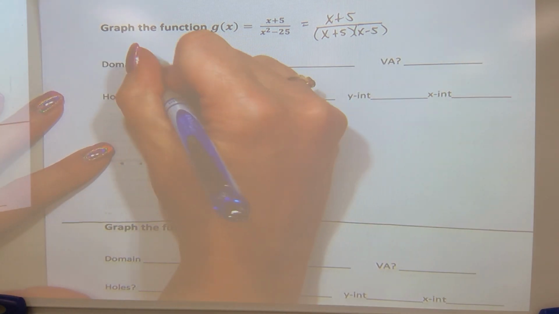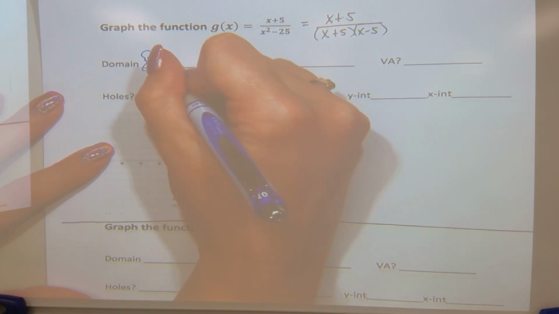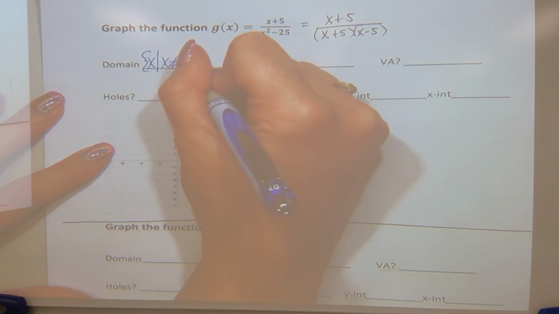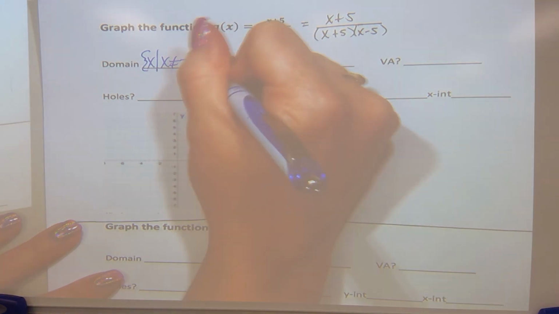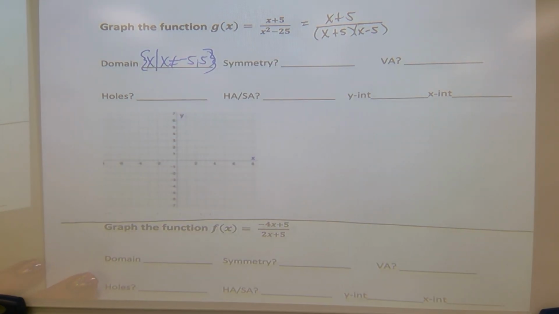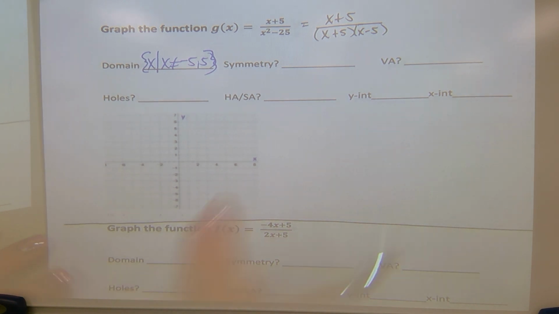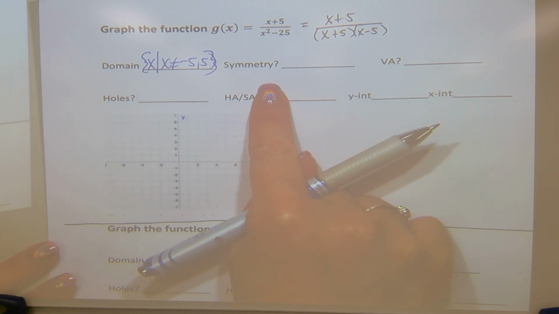So my domain is all values x, except -5 and +5. Those are the values I need to kick out of my domain. One of those values is going to give me a hole, and the other value is going to give me a vertical asymptote.